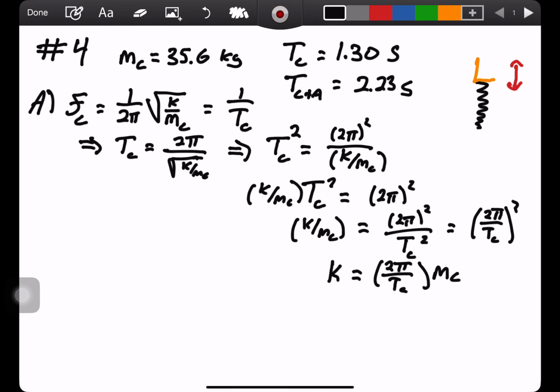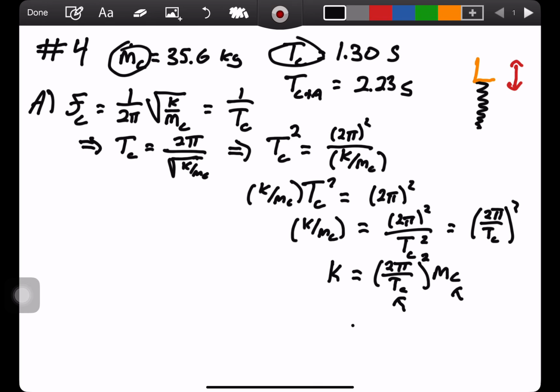And so that is enough to solve, because this mc right here I have right here. I can plug in that value, and this tc right here I have right here. So you can plug in the values there and make sure that we have the square sign there.